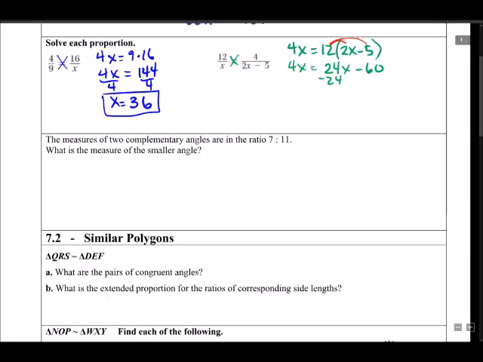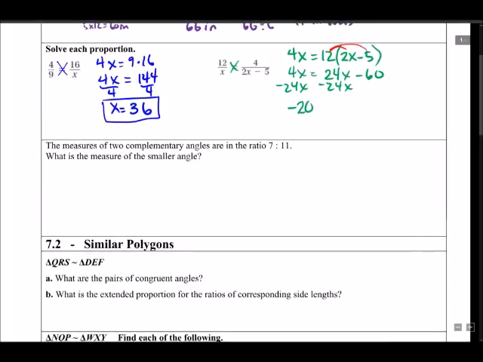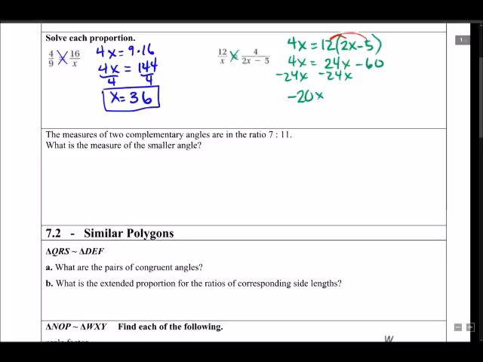I'm going to subtract 24x from both sides, and I get a negative, don't lose those negatives, a negative 20x equals a negative 60. Divide by negative 20 on both sides, and x equals 3. Woo! Proportions are easy to solve.